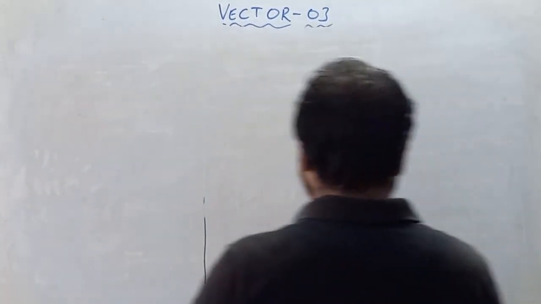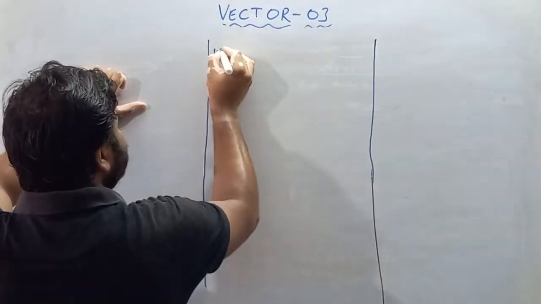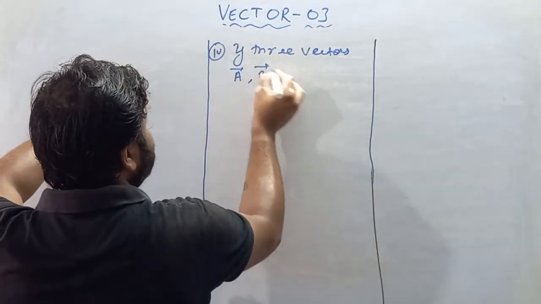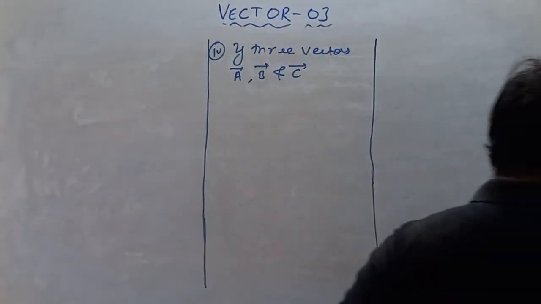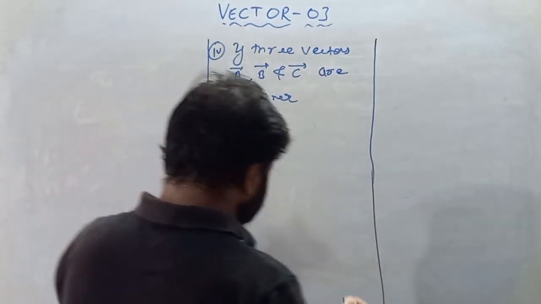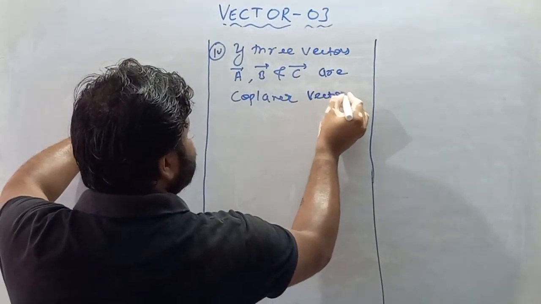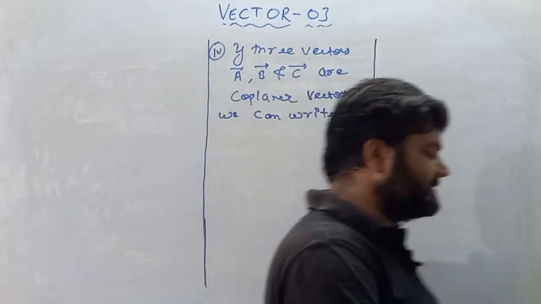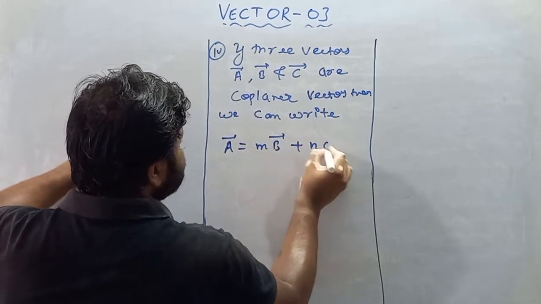Write down, if three vectors A vector, B vector and C vector are coplanar, then we can write A vector is equal to M B vector plus N C vector.